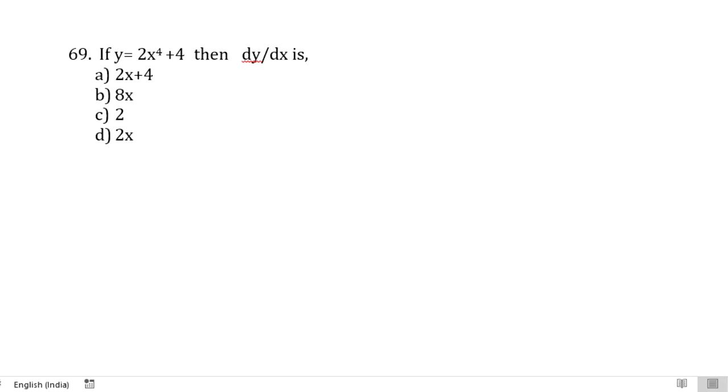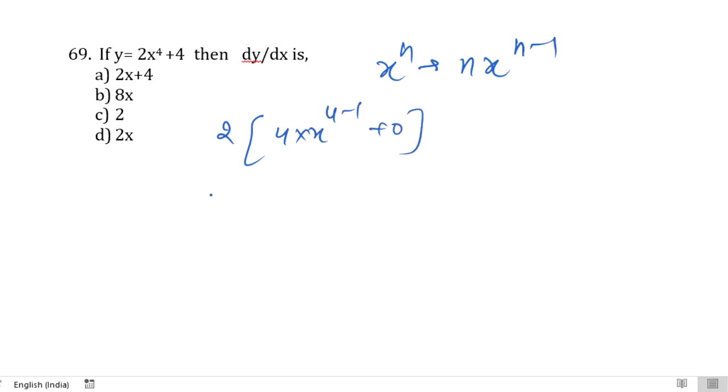Derivative, the very first formula, x to the power n. So what is the formula to find derivative of x to the power n? It is nothing but n into x to the power n minus 1. So it is 2 into 4 into x to the power 4 minus 1 plus 0.